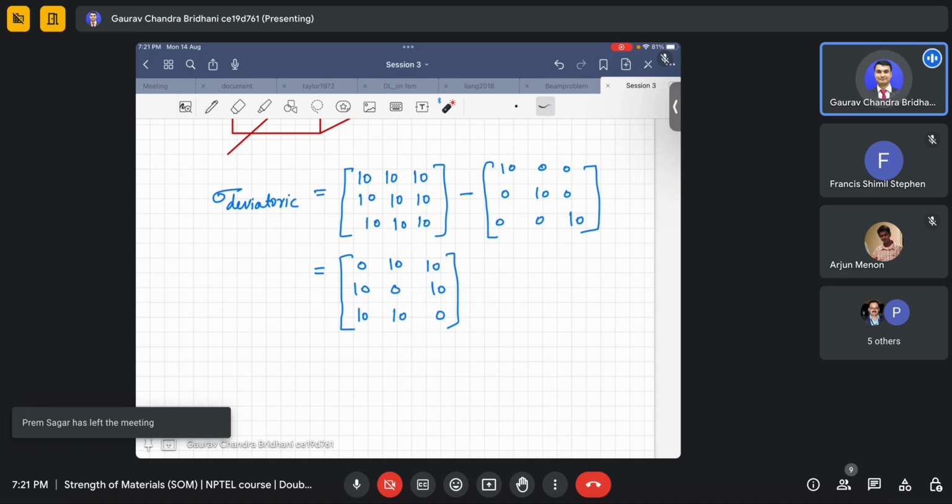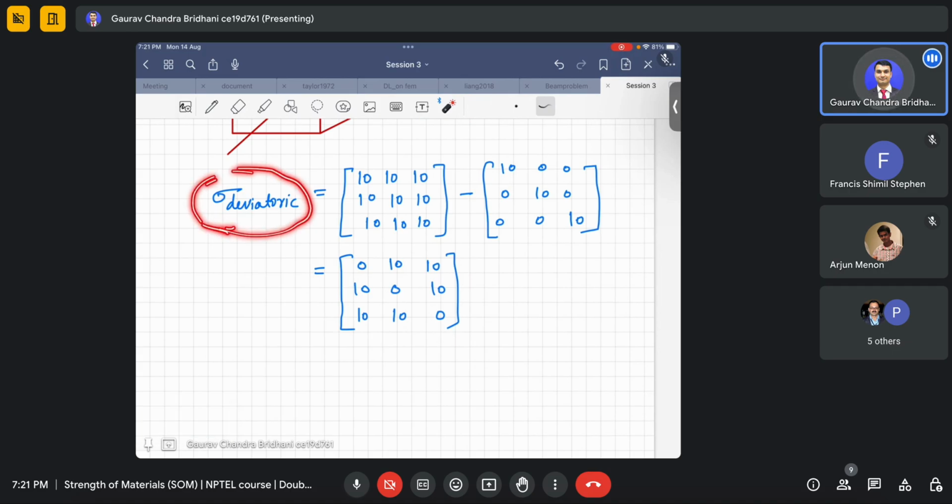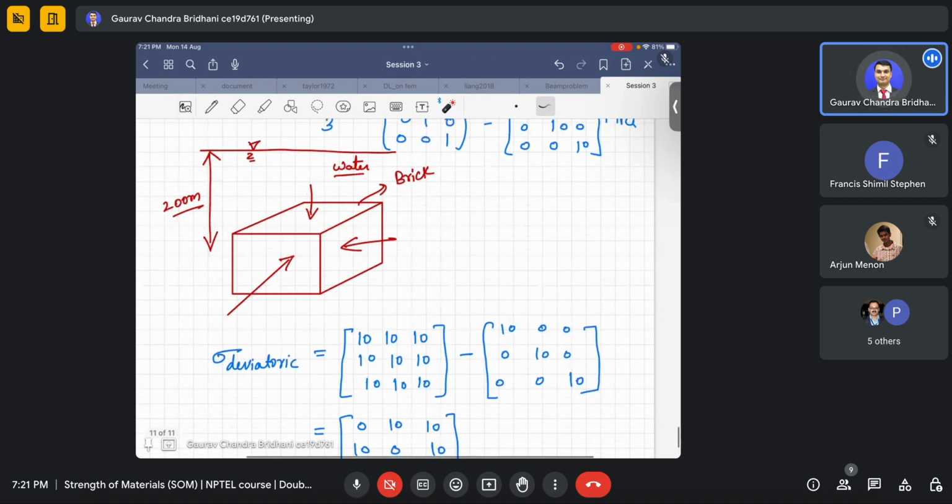So basically it causes deformation, shape change. This component causes a change in the shape. It will act in a sense that it will change the shape of the body which is subjected to this stress. The hydrostatic stress causes a change in the size.